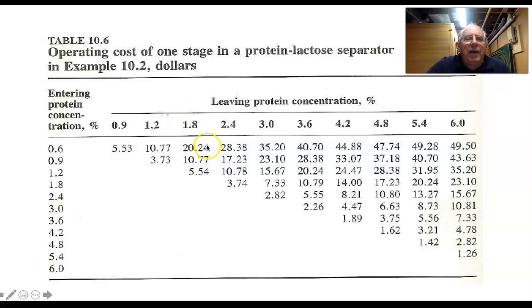But once we come out with a given percentage, say if I came out at 1.8, the next stage would be coming in at 1.8, and then there's only a set of 7 possible outputs as we increase the protein concentration. Those 7 different outcomes have a cost associated with them, and then we go to the third stage and so on. Again, these are the dollars to operate one stage.